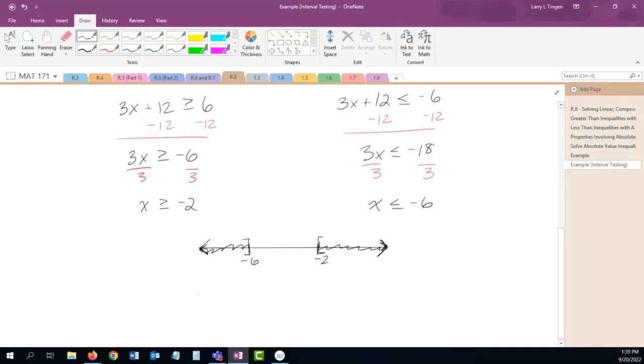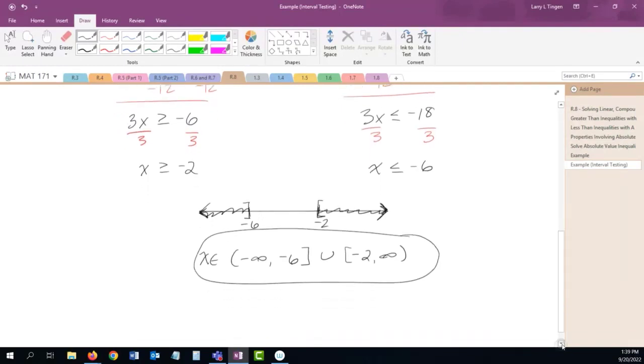That means my solution set looks like what? Start at negative infinity, go up to negative 6 and include it. Then skip over all the numbers between negative 6 and negative 2, pick up at negative 2 and go to positive infinity, put them together with that union.